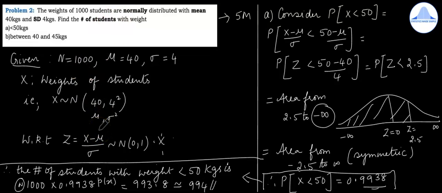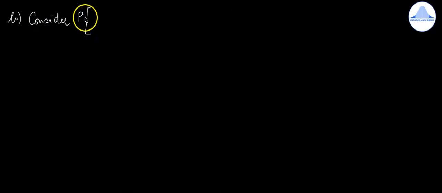So in the next slide, I will complete the second subdivision. So we'll solve the next subdivision, that is between 40 and 45 kgs. So subdivision B, consider the probability of 40 and 45 kgs.